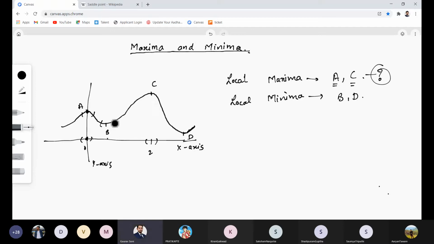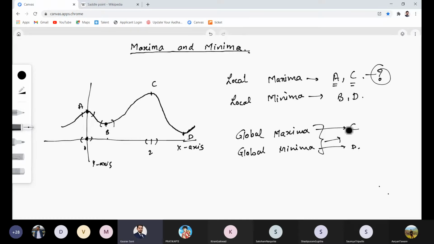At the point B, I can see that it is the smallest value in the neighborhood of this point, even at D. So there are two concepts: local maxima, local minima, and global maxima, global minima. When I talk about global maxima, it will be C, and global minima, that will be D.